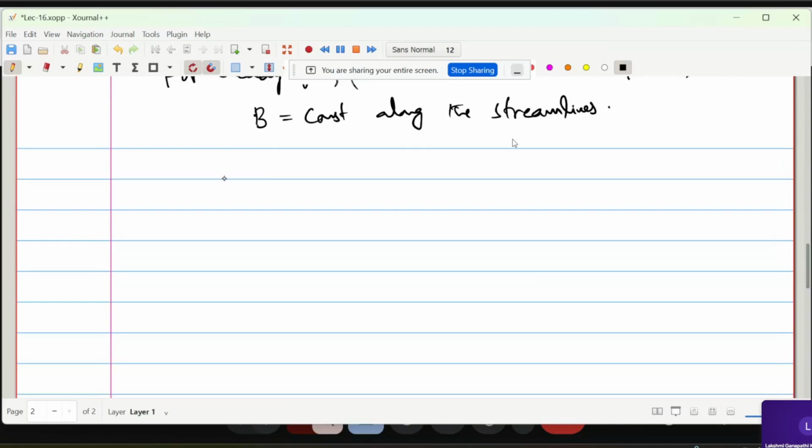What is your B? You basically have u squared by 2 plus the integral of dp by rho. I consider the simplest case where rho is constant, so you can write it as p by rho. If the density is constant, the integral dp by rho is simply p by rho, plus g z, equal to constant.